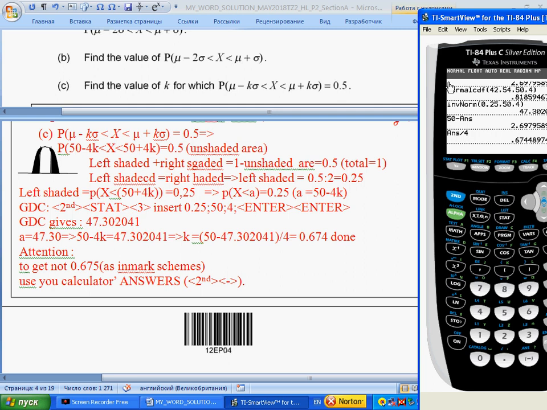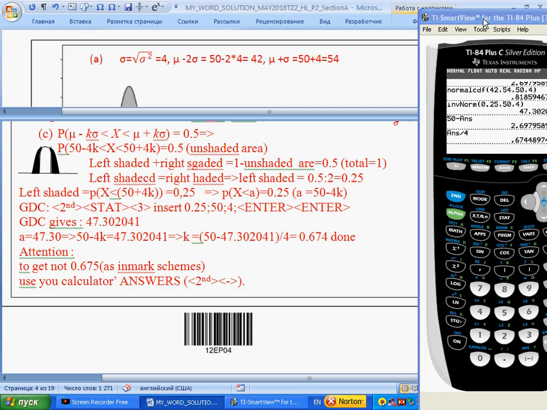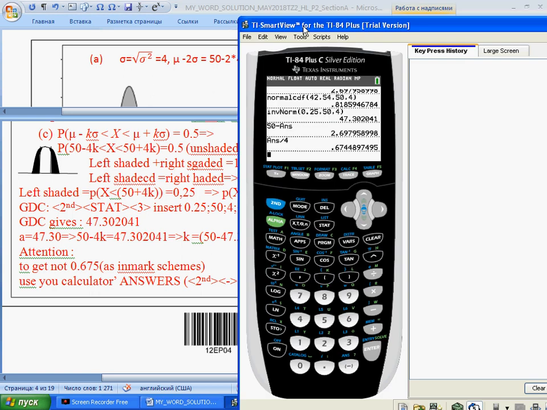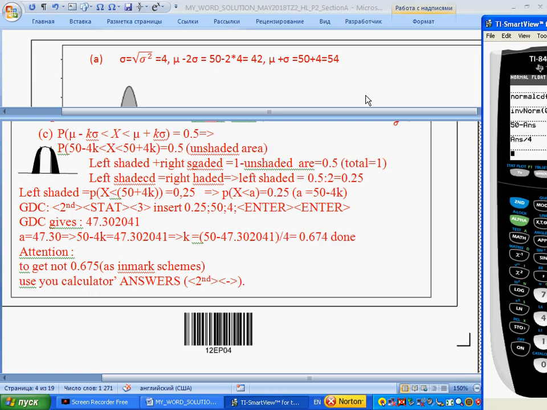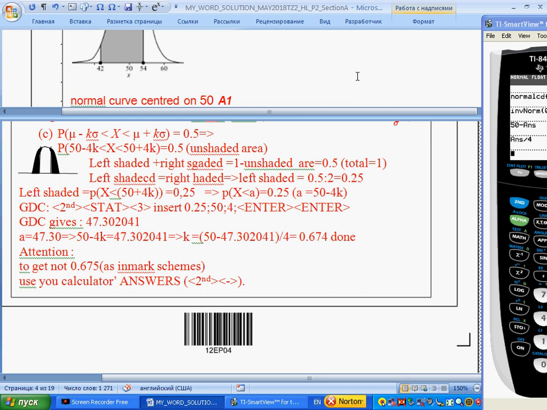If you use another calculator, you'll get 0.75 something. So try to use the calculator until the end answer. Very good. Let's go further. So here I have cleared history.